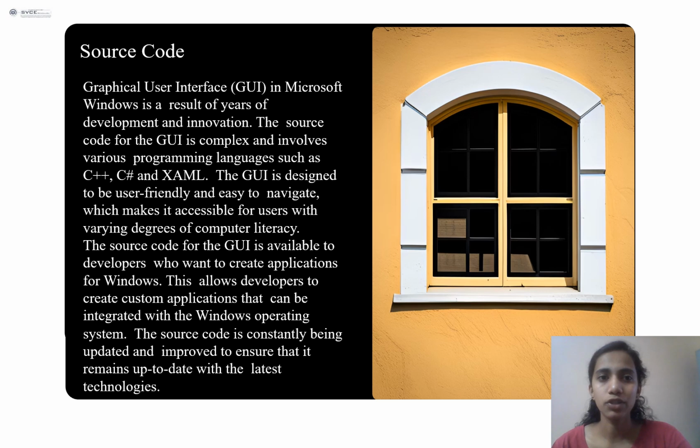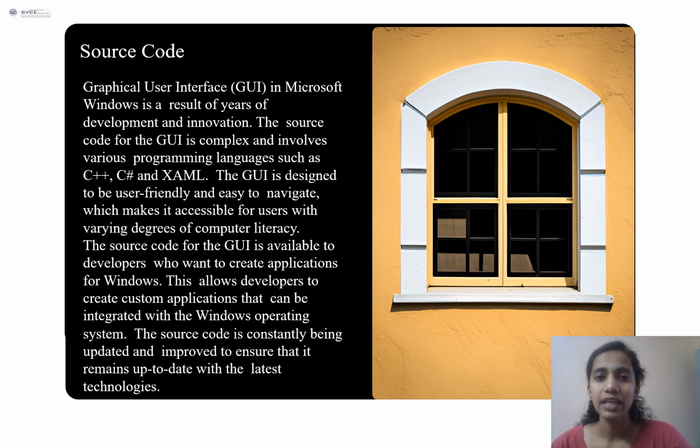Now let us come to the source code of GUI application. The graphical user interface in Microsoft Windows is a result of years of development and innovation. The source code for the GUI is complex and involves various programming languages such as C++, C#, and XAML.